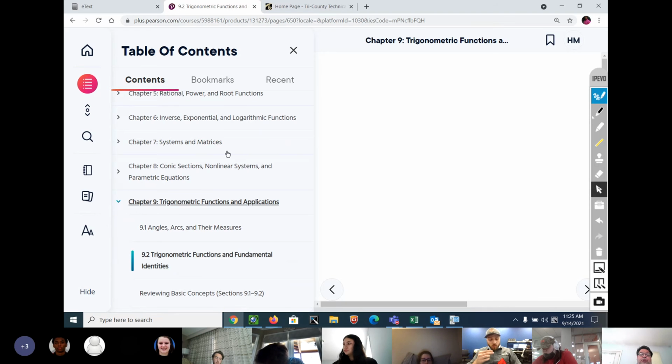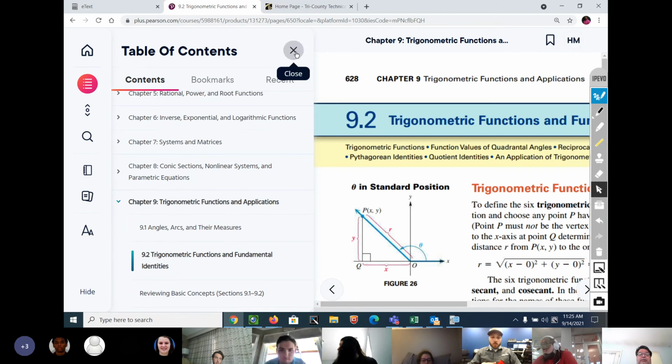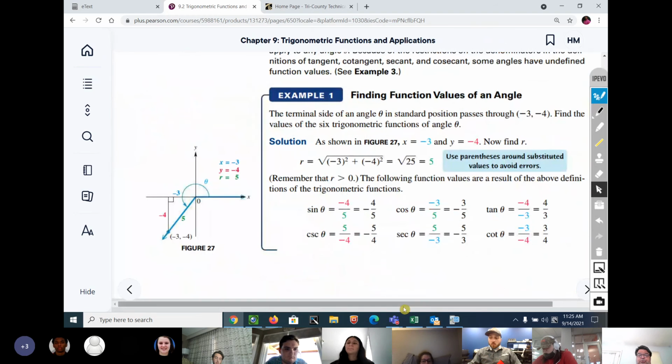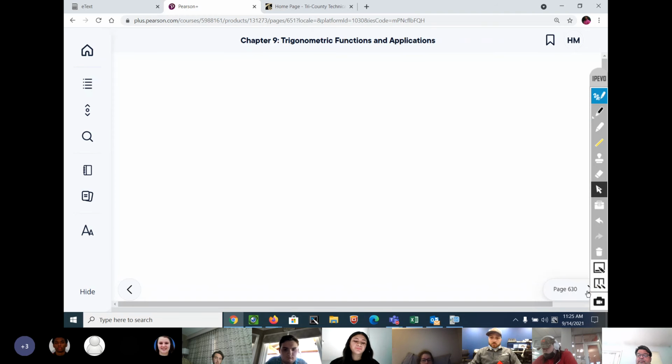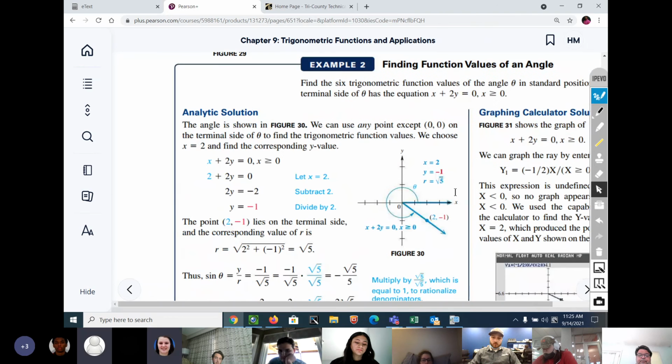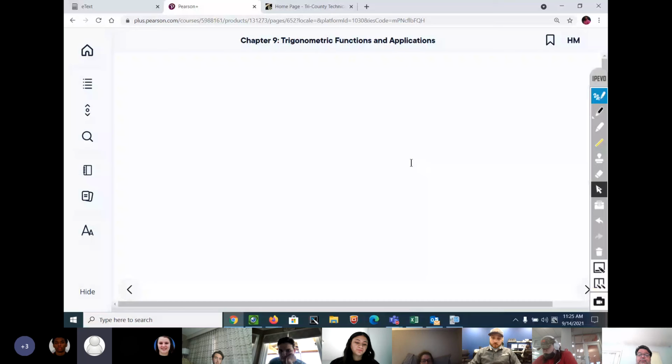I just want to cover the reciprocal identities and show you that you are responsible for those. So let me find the reciprocal identities and the Pythagorean identities.